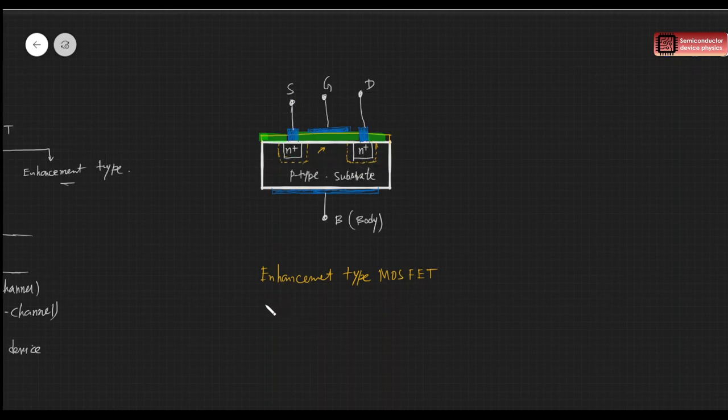The source and drain terminals are open. It's an open condition, like in a relay. So this kind of MOSFET is normally open. If you don't apply any bias at the gate, there will not be any current flow between source and drain. That's why it's called a normally open device.